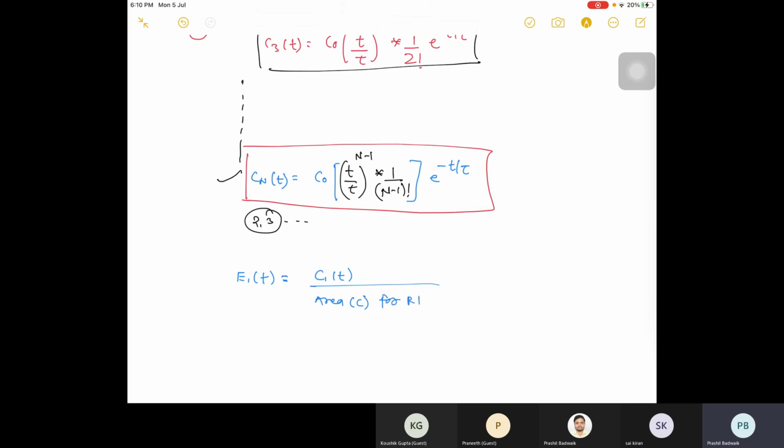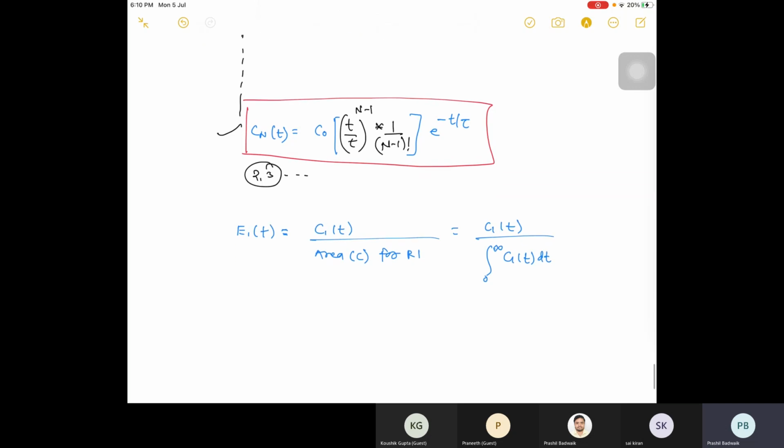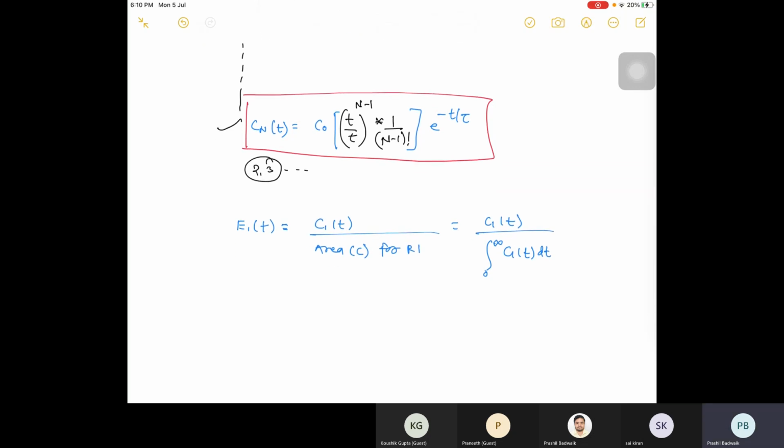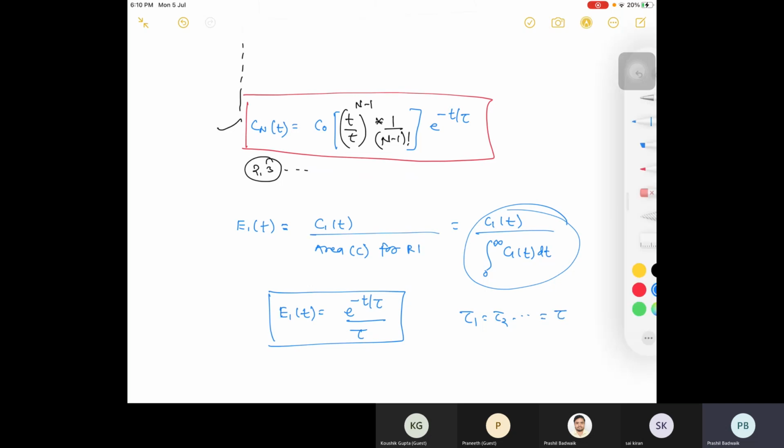I am writing R1. So you will have C1(t) divided by the integration from 0 to infinity of C1(t) dt. And when you substitute this value for the first reactor, you will get e to the power minus t by tau divided by tau, right? And tau1, tau2 are all equal, and that equals your tau.